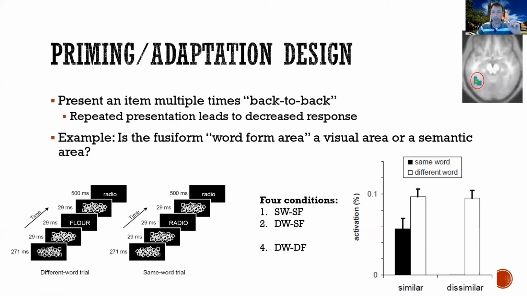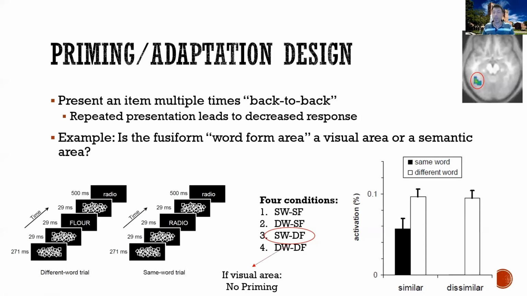The key manipulation is the next condition, and that is what you're seeing here. It's the same word, radio and radio, but one is in uppercase and one is in lowercase. So visually, they're different. And see, here is where the whole study plays out.